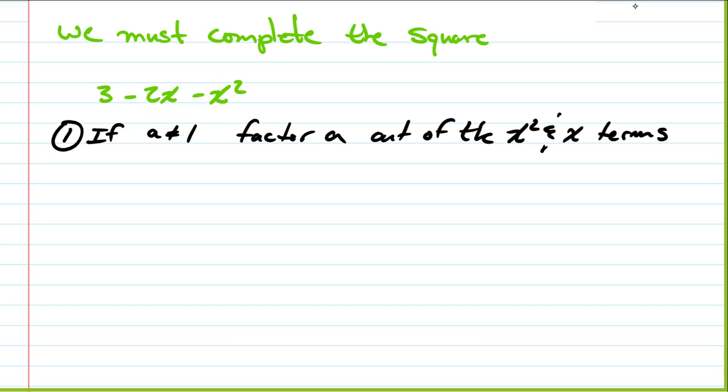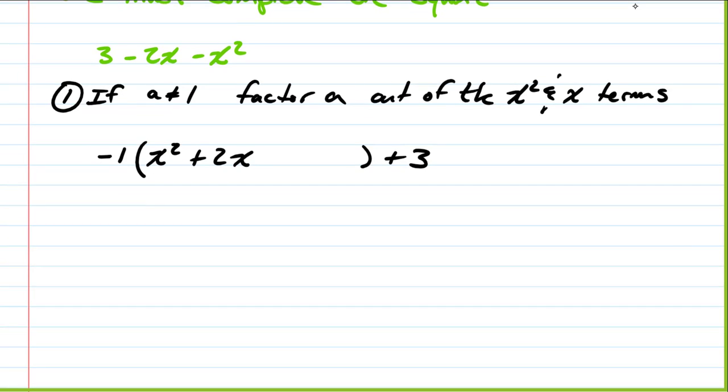So our a is -1, so we factor out a -1, and that's going to give me x squared plus 2x. I'm going to write my parentheses and leave some space, and then I don't touch the constant. It just comes along for the ride. So now we calculate b over 2 and square it.